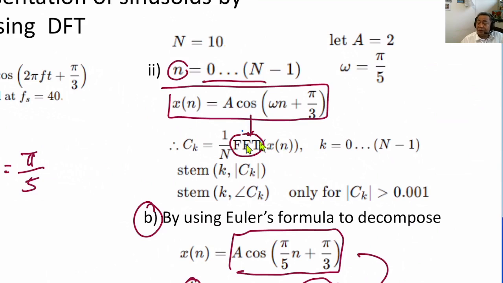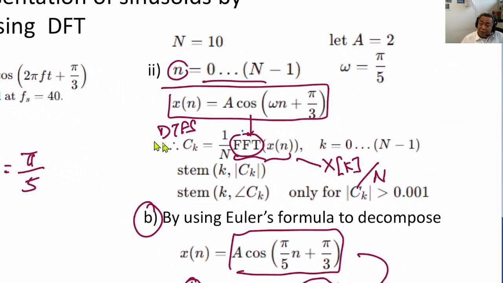FFT is the fast version of DFT, and we simply take the FFT of xn. This will produce Xk, the DFT coefficient of xn. To get ck, the DTFS coefficient, remember we have to divide by N. So 1 over N times the FFT of xn will give you the DTFS.